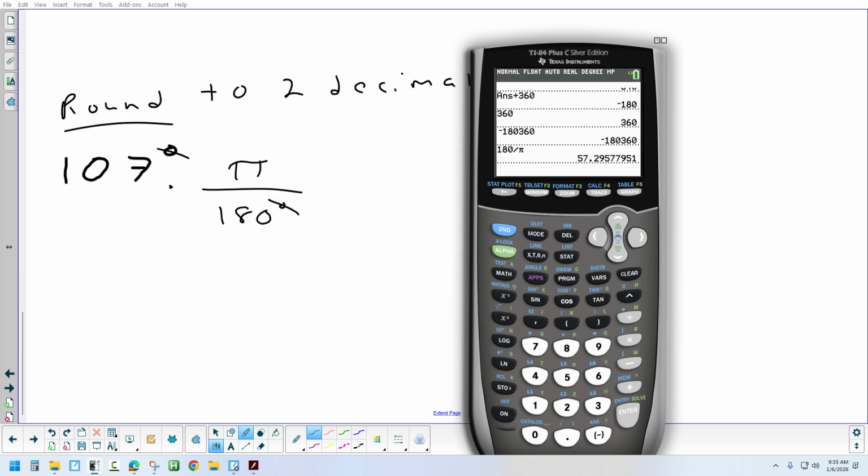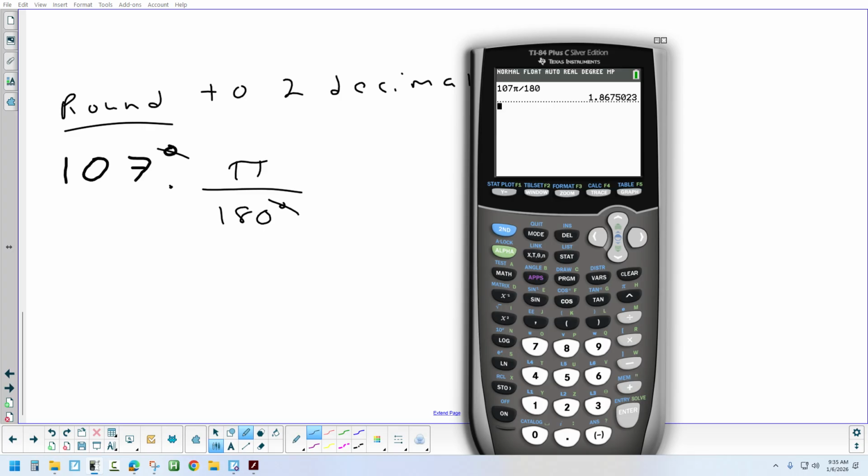Okay, don't use 3.14. We want to use the pi button. The pi button is second, and then it's right below clear on my calculator. Why do you think I want to use the pi button instead of 3.14? Yep. We'll look at what happens in a little bit if you don't use it.